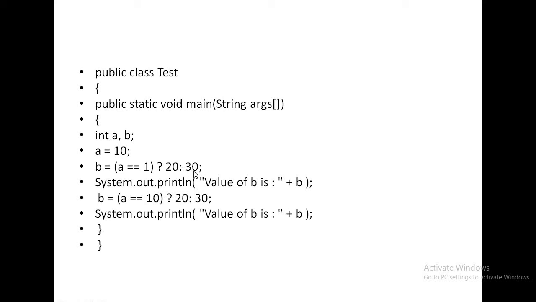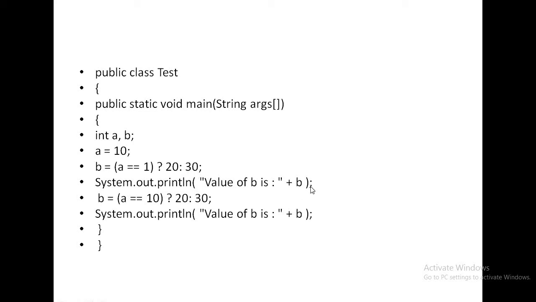So 30 is assigned to b. Now I want to print the value of b, so I write System.out.println("value of b is " + b). The value of b is 30.